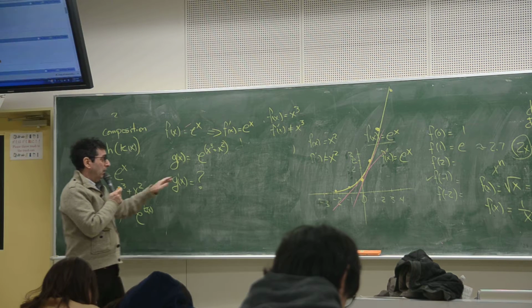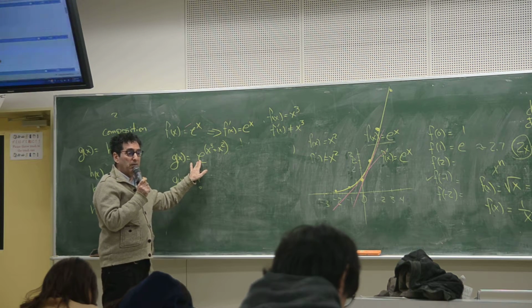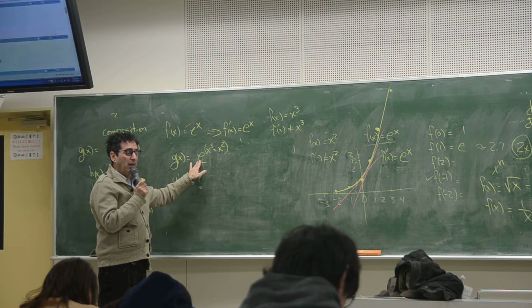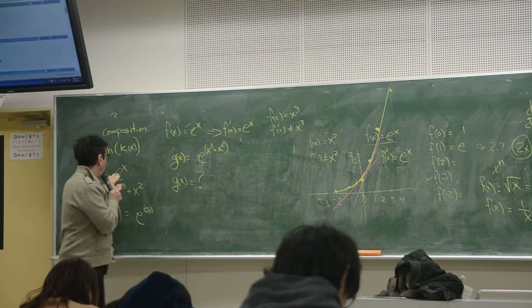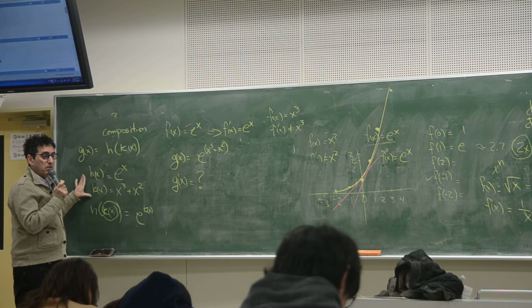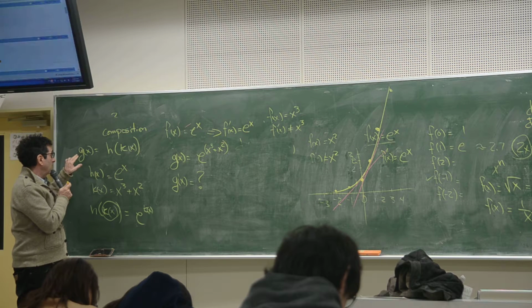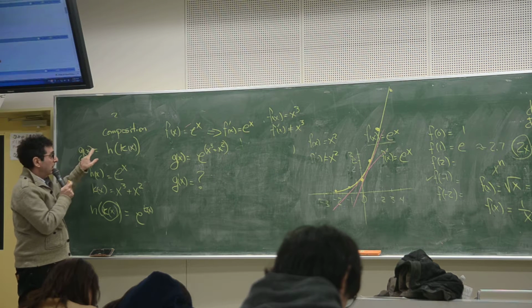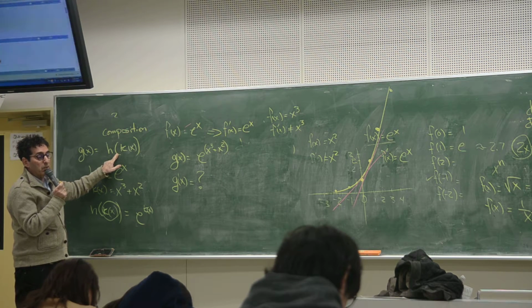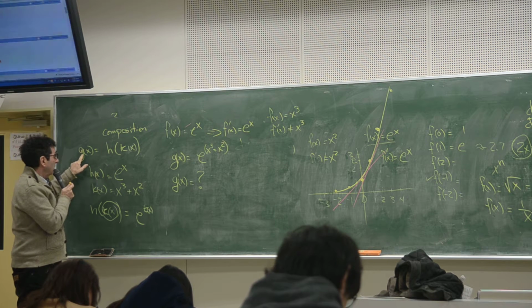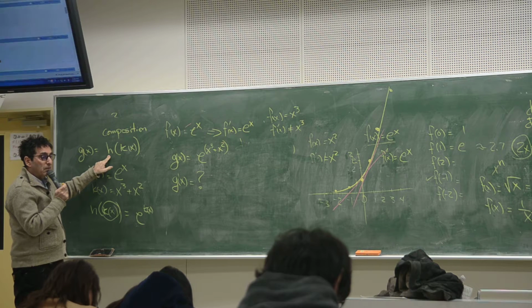Why did I stop going from here when I'm trying to find the derivative of this and say, can you write this as the composition of these two? Why did I shift to that question? Because if you can write g as the composition of two functions, then what rule can you use? What's the name of that rule? The chain rule. There's a chain rule for that.